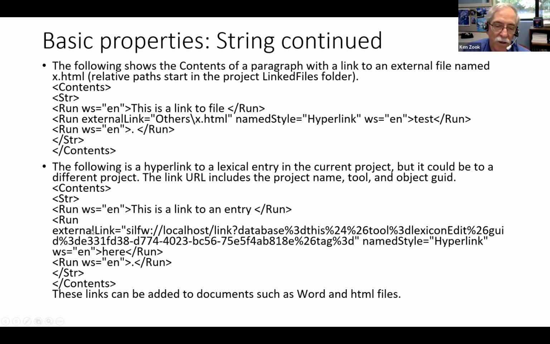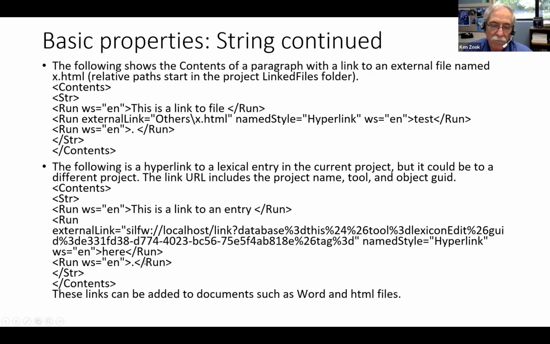And then we have an external link element again, but now we have a URL instead of just a file name. And when Flex gets installed, it provides a handler for handling SILFW in the URL. And so then it has the database name and the ID, the GUID of the element that it wants to display.